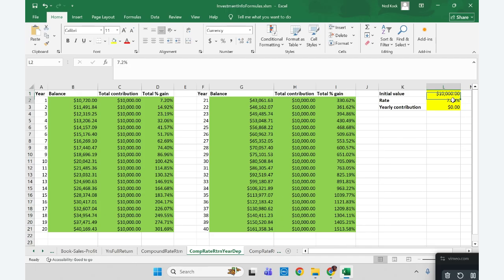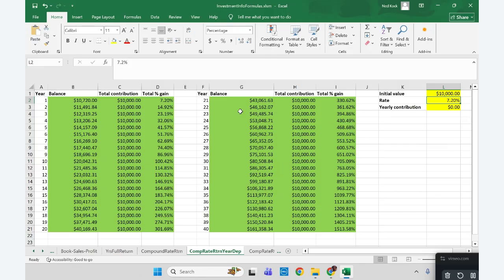Now, let's say you actively invest instead of just putting the money in a fund that tracks the S&P 500, like the VOO or the SPY. You were to actively invest or buy and sell, and that would allow you to obtain a rate of return of 10%.